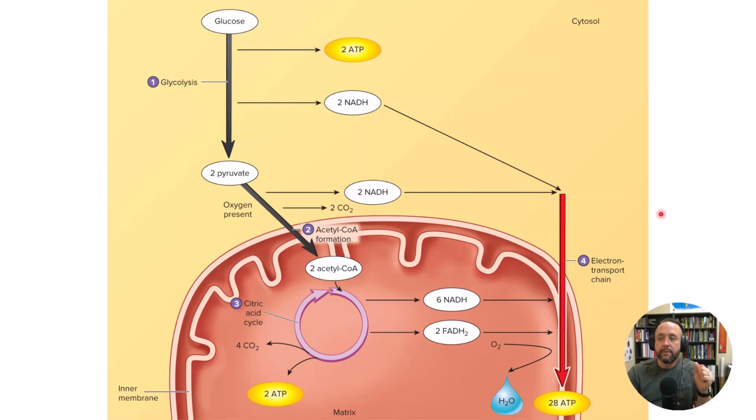So up here we have our glucose molecule. Let's just say it has been taken into the cell. There are enzymes that are going to start working on it to produce 2 ATP. So you get 2 out of that for whatever work you need to do initially out here in the cytosol. You also have to put 2 in too. So we have to make sure we're not spending more than we make, right?